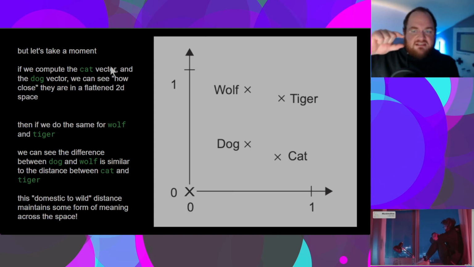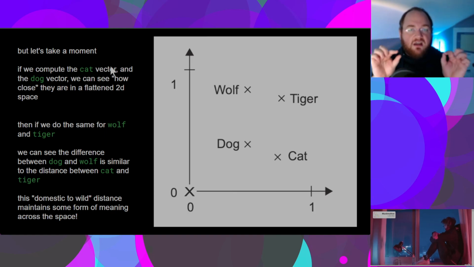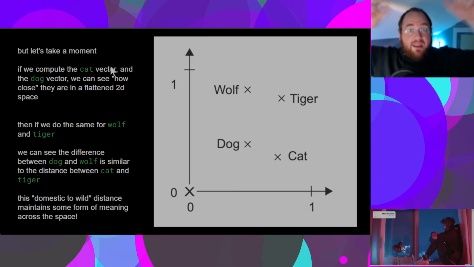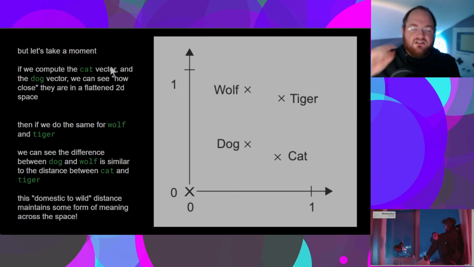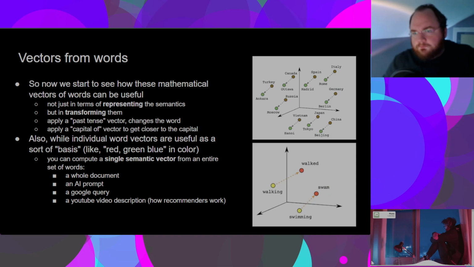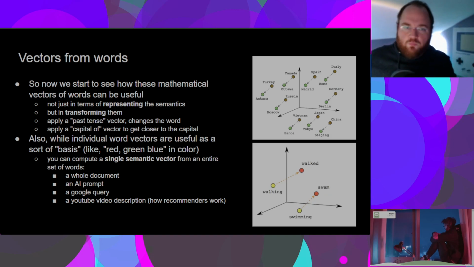It's not just how far apart is cat and dog, it's are the distances between related terms similar across other pairs of terms. It's a level of abstraction. It's a level of domestic to wild abstraction, among many others. We'll see a couple more. So, this is the concept of vectors from words.